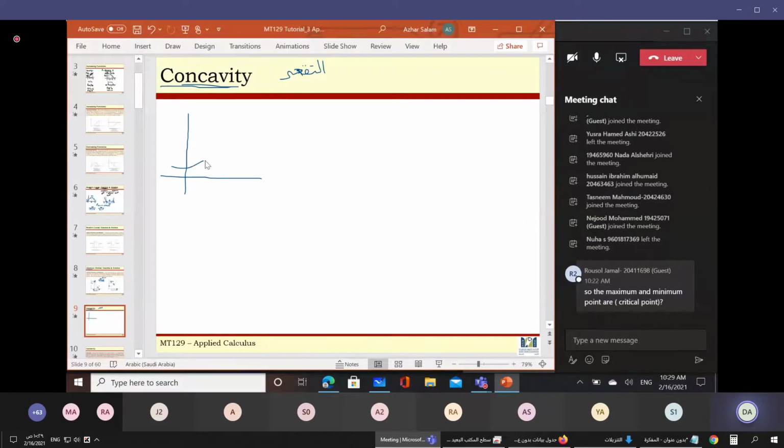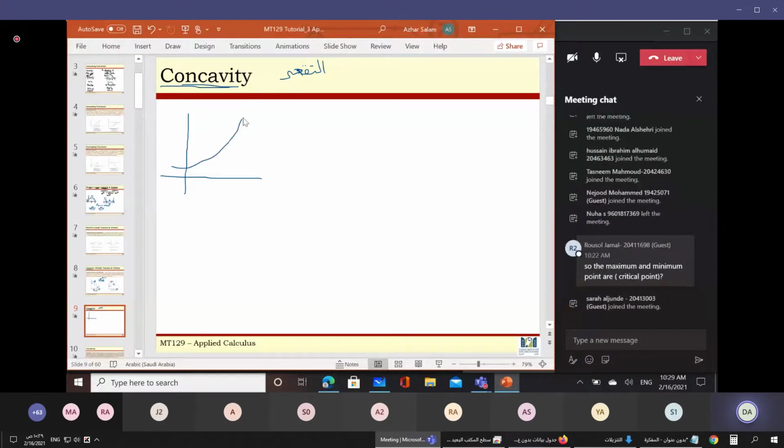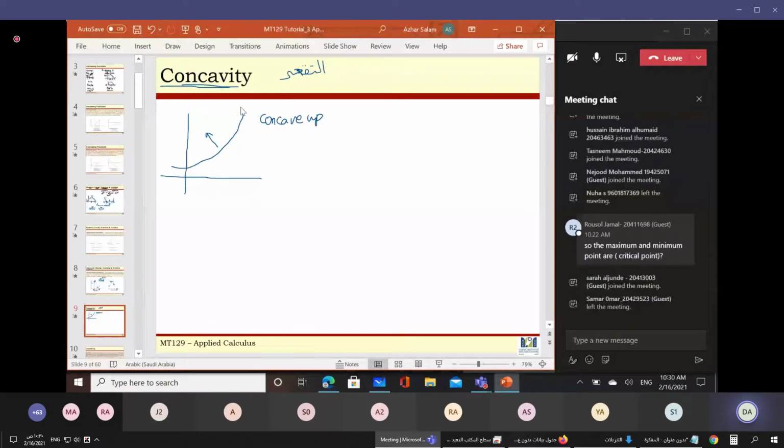I will draw an increasing function. This is increasing, right? As we said. But notice here the concavity. The concavity for the function, I call that it's going up like this. When I said that the function is concave up, this function is concave up.